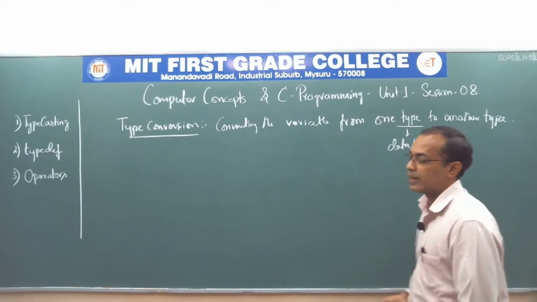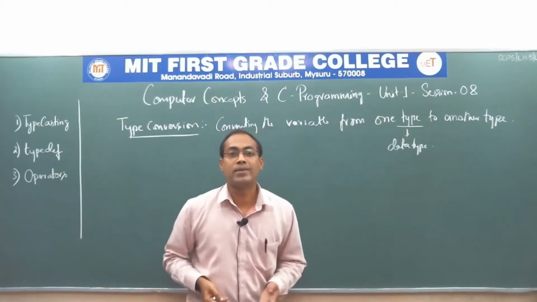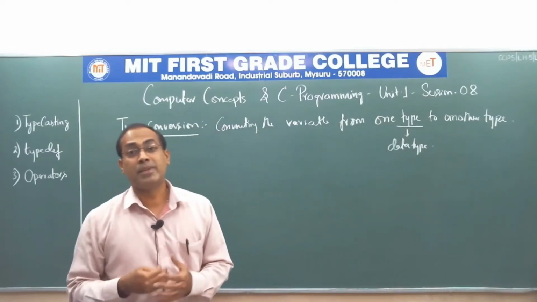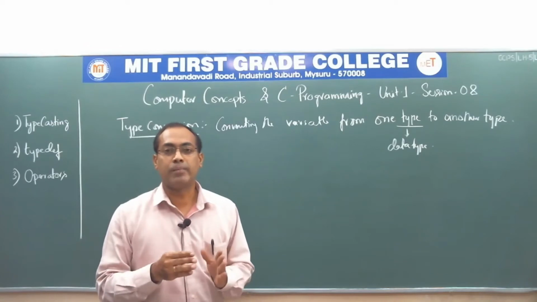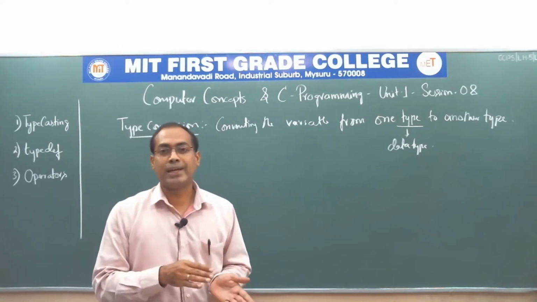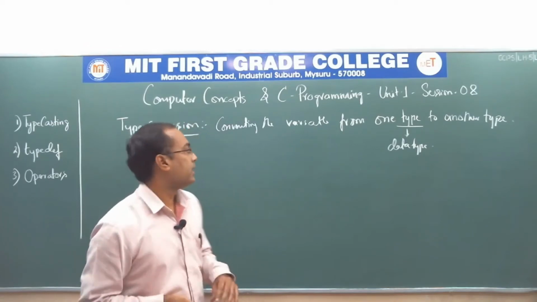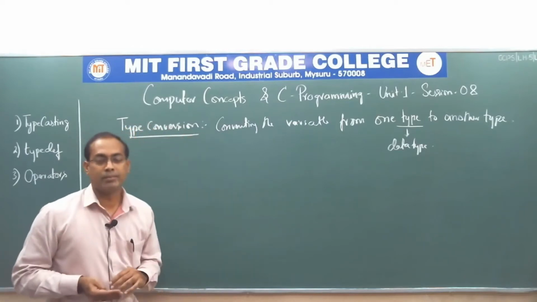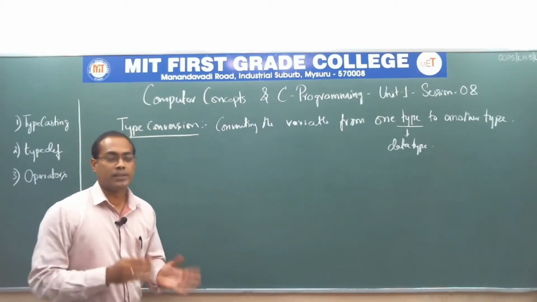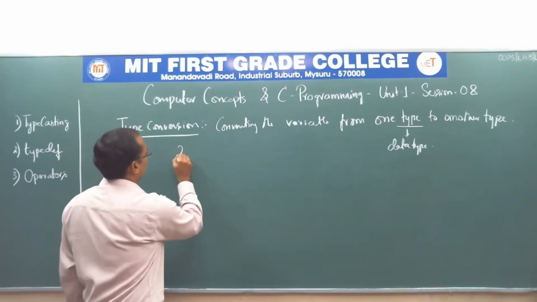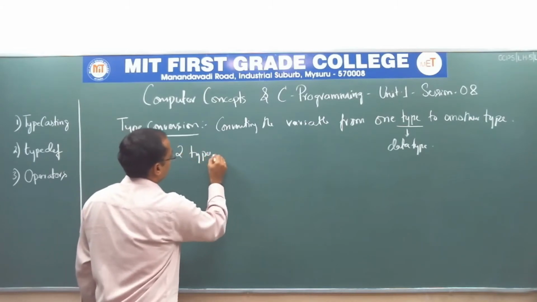When you are working with some business logic, when you are solving some problem, there might be some necessity of converting the variable from its original type to another type. In that case, you will take the help of type conversion. So in our C programming, there are two types of type conversions.